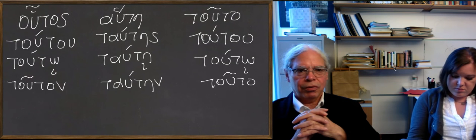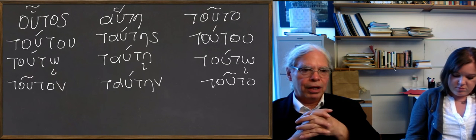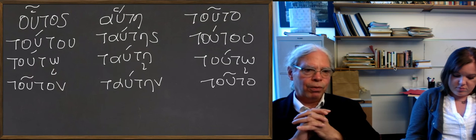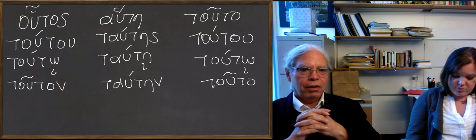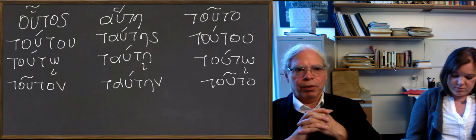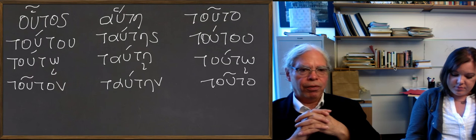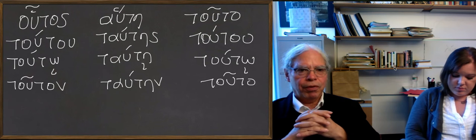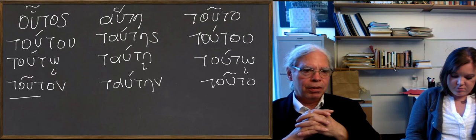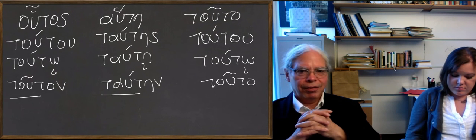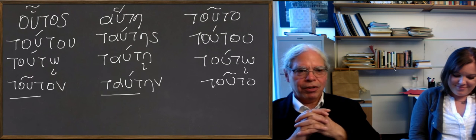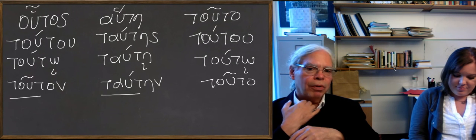So it looks as though, if you just looked at this form, you'd say, okay, aside from the H's in the nominative singular masculine and feminine, it looks like the root for the masculine is tout, and the root for the neuter is toot rather, and the root for the feminine is taut, okay? It doesn't work, okay? So let's look at the neuter for a second, and maybe you can see what the rule is.